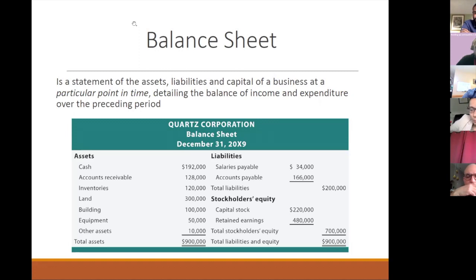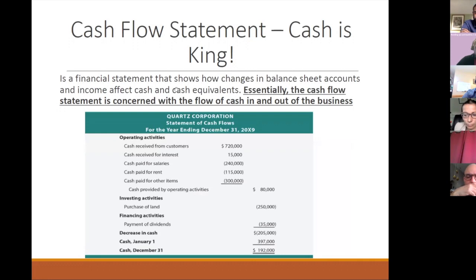Now, let's go to the cash flow statement. So as you see, what it's saying is that the cash balance at the beginning of the year, January 1st, was 397,000, right? Your cash balance at the end was 192. So guess what?